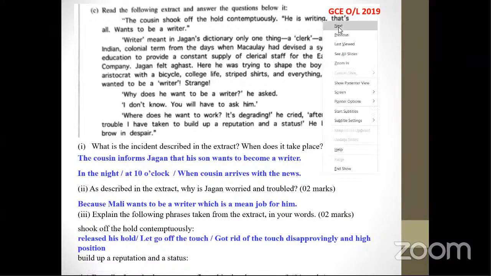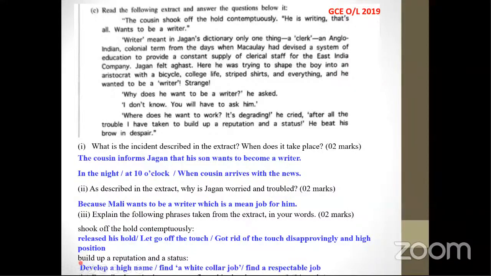But in the answer, we must have developed a high name because it is a problem of status, right? Find a white collar job, find a respectable job. So respectable job, white collar job, high name, it goes with status. You see, I have taken to build up a reputation and a status.